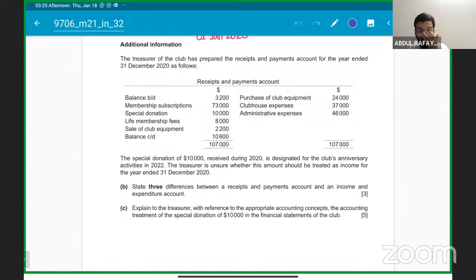Just read the information, this will help us understand. Quickly, come on, read the question, and then we will be discussing and solving.